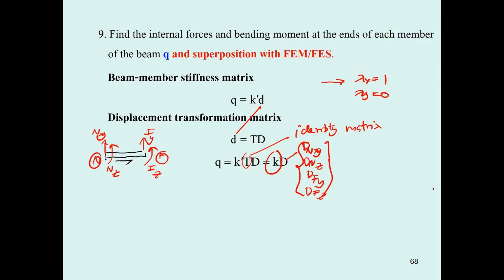That is going to be required here. But after you compute this, it's not finished yet. You have to add your Q with your fixed end moment and fixed end shear to get the free body diagram that's used to draw the shear diagram and moment diagram.